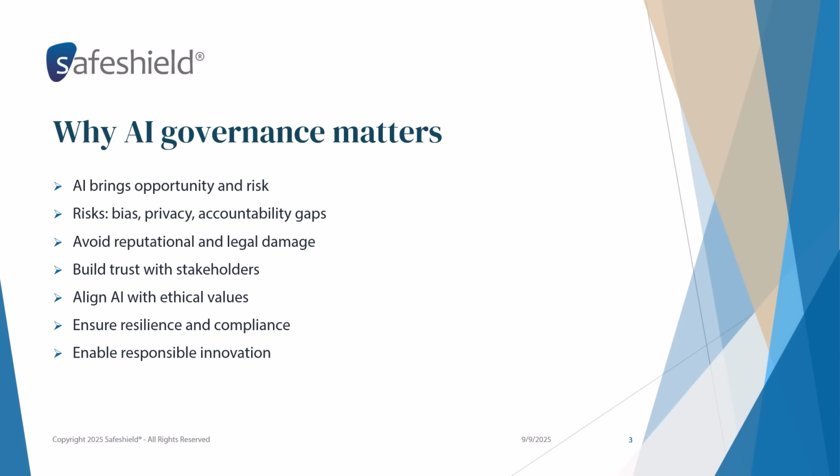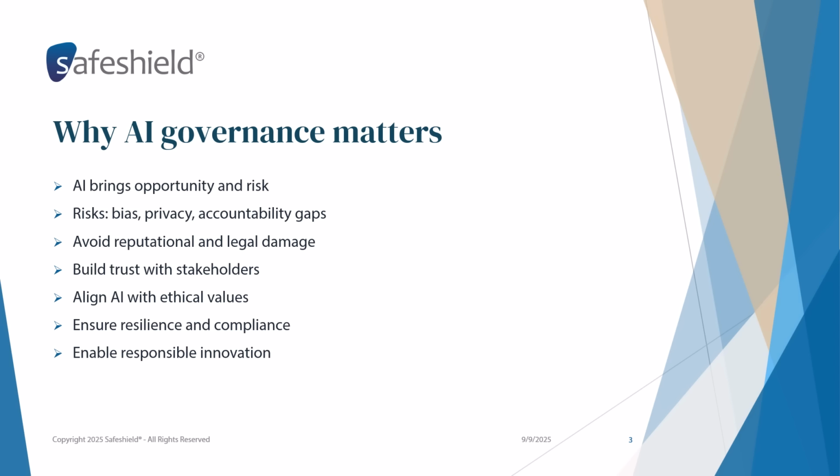Without governance, these risks can quickly outweigh the benefits. For example, a biased algorithm may lead to discriminatory hiring practices. A failure to protect data can result in privacy violations and regulatory fines. Opaque decision-making processes can undermine customer confidence and damage reputations.